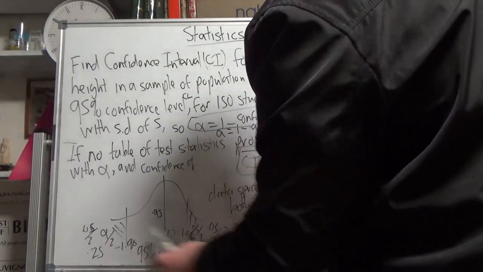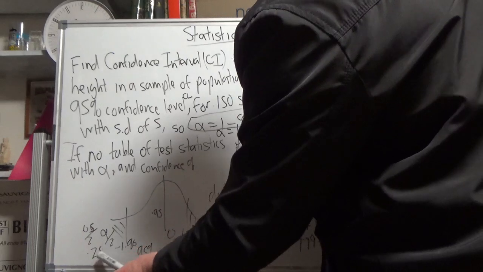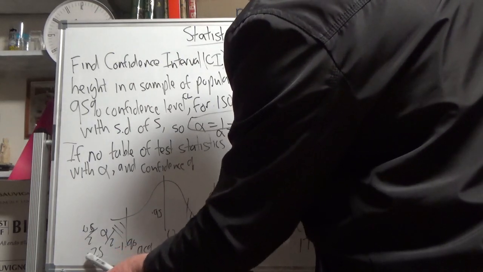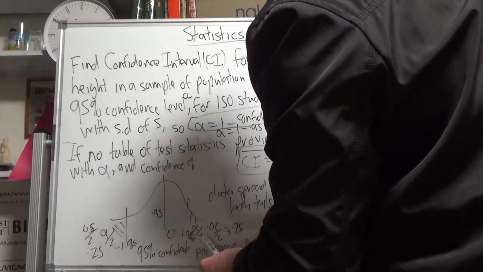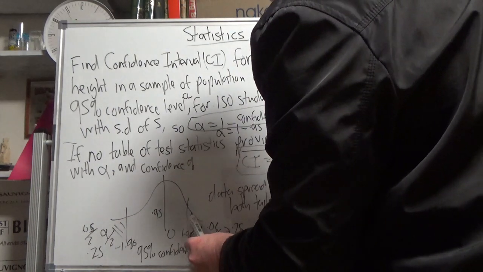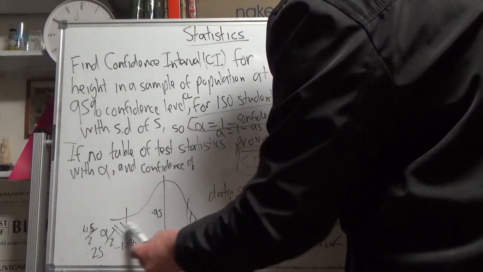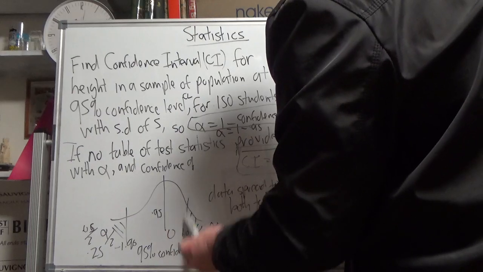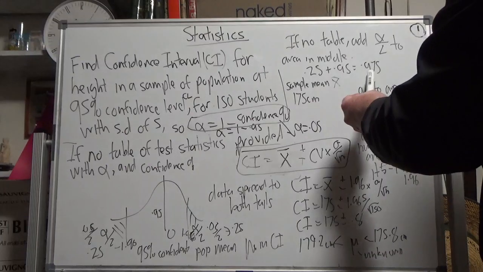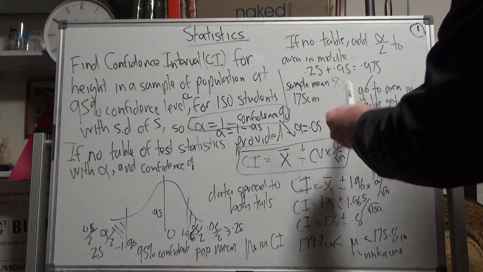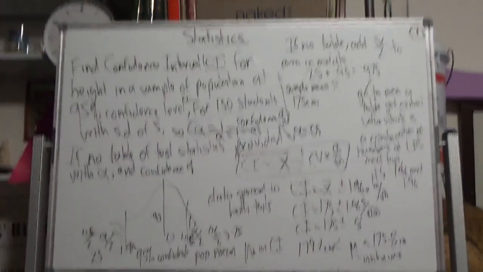For the two tails, you divide alpha by 2, so 0.05 over 2 gives you 0.025. That's the area under the left tail, and 0.025 is the area under the right tail. So you add 0.025 plus 0.95 to get to that point, and you get a value of 0.975. Now you've got to go to the table to find the critical value.